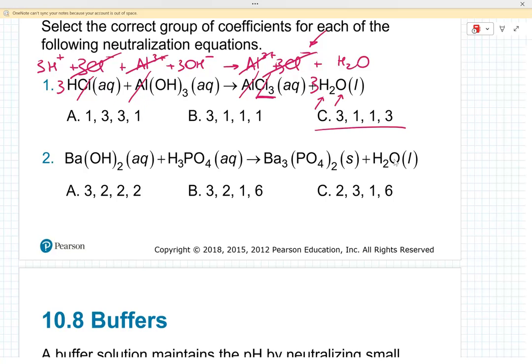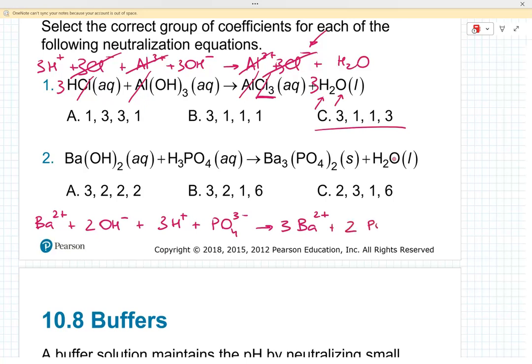So let's write the entire ionic equation, shall we? So barium plus 2OH minus plus 3 hydrogens plus PO4 3 minus, 3 barium ions, right?